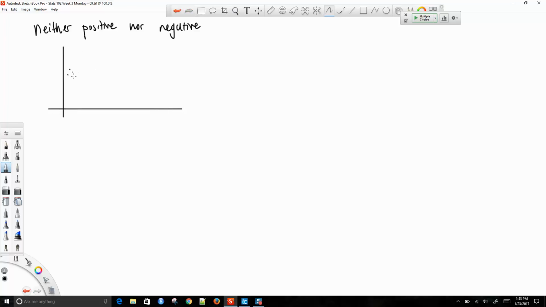So here, this is neither positive nor negative. It's a flat line, x and y. So this would be neither positive nor negative.